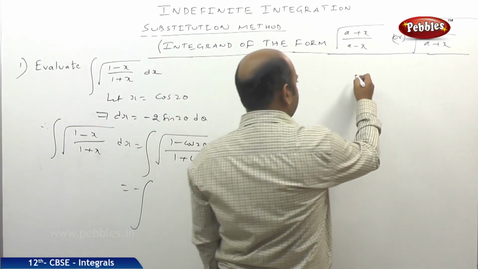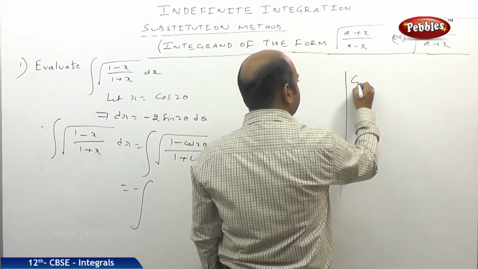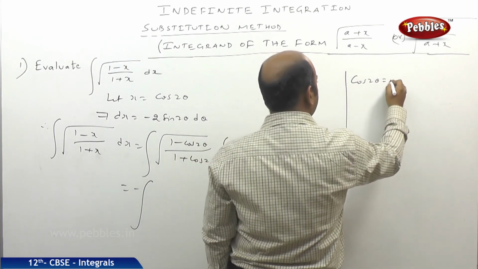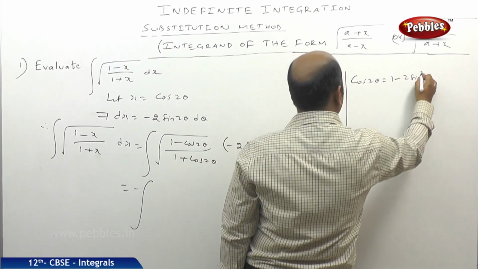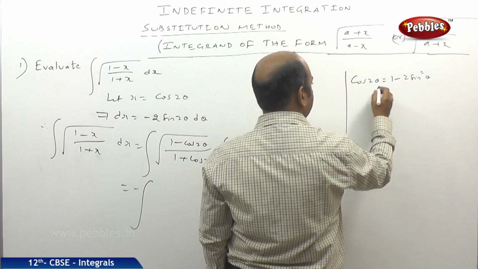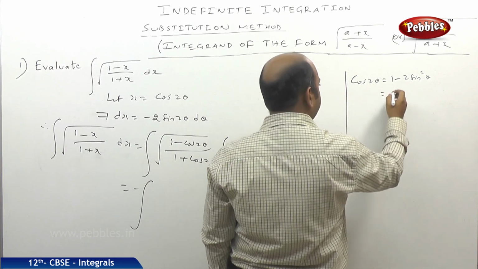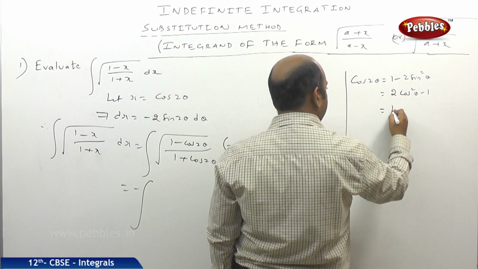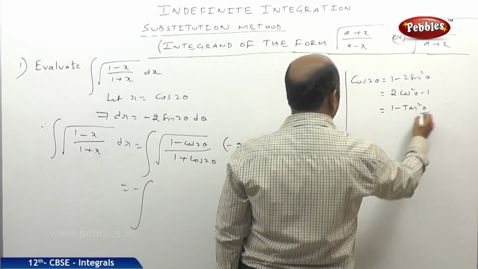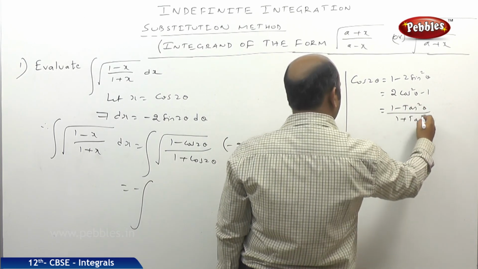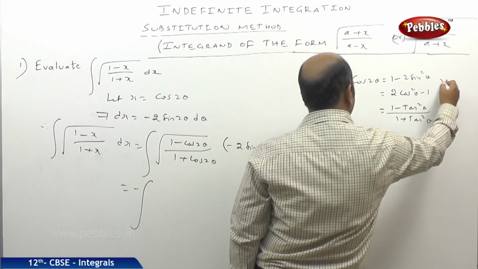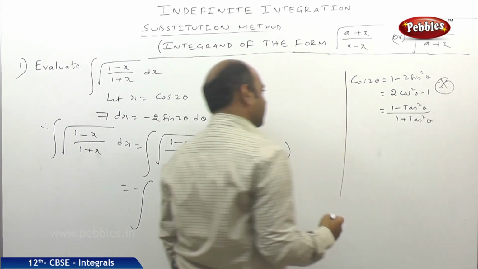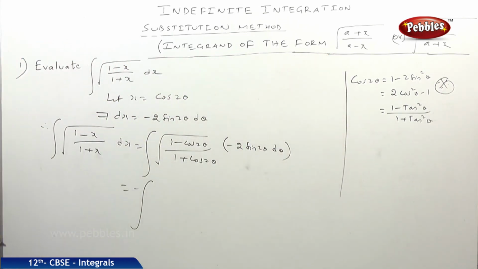Because we learned some formulas in 11th class. Cos 2 theta means 1 minus 2 sin square theta, and in terms of cos it means 2 cos square theta minus 1. In terms of tan it means (1 minus tan square theta) by (1 plus tan square theta). These are very, very important formulas which you should remember throughout your 12th class.